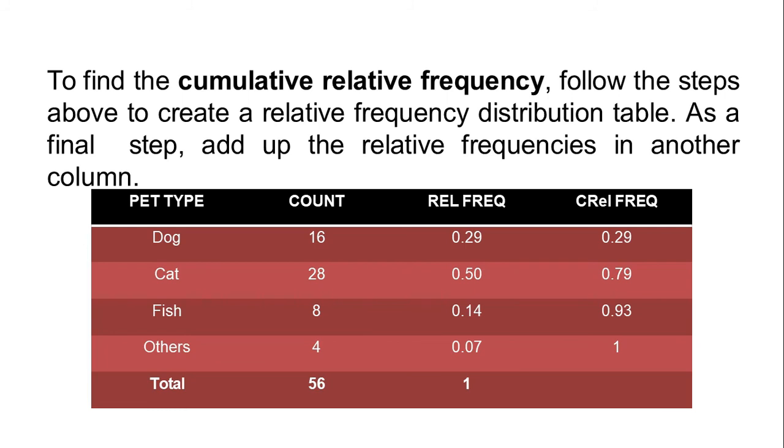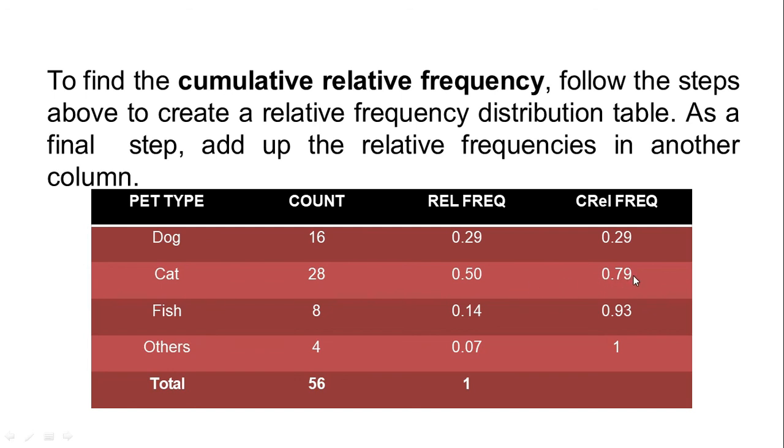Now after addition of relative frequency, you have to add one more column at the right side, and then you have to add the below data, like relative frequency 0.29 plus 0.50, then you will get 0.79.